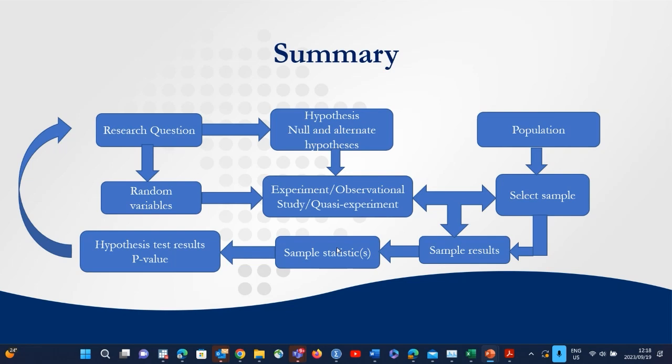And then I can use that together with other information, for example, the degrees of freedom, to get the p-value. Then from the p-value, I'm able to make a decision whether I reject or I don't reject the null hypothesis.